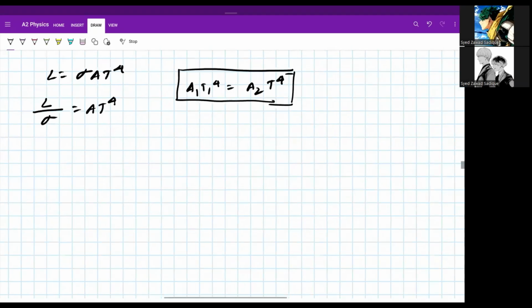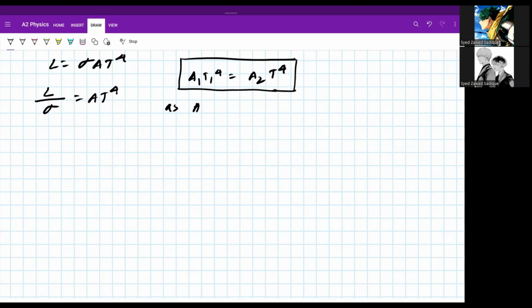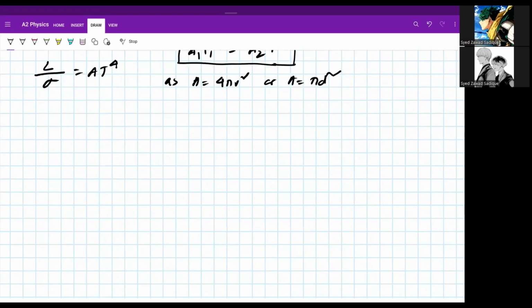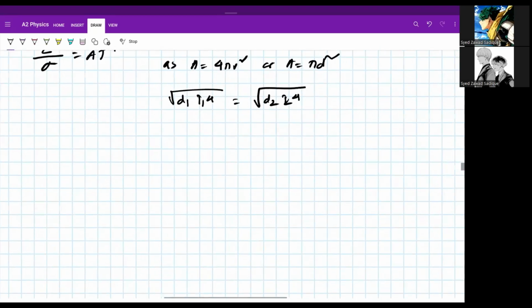Then as A is equal to 4 pi r square, or A is equal to pi d square, we can say that d1 to the power 4 over d2 to the power 4 equals, taking the root, d1 square over d2 square.